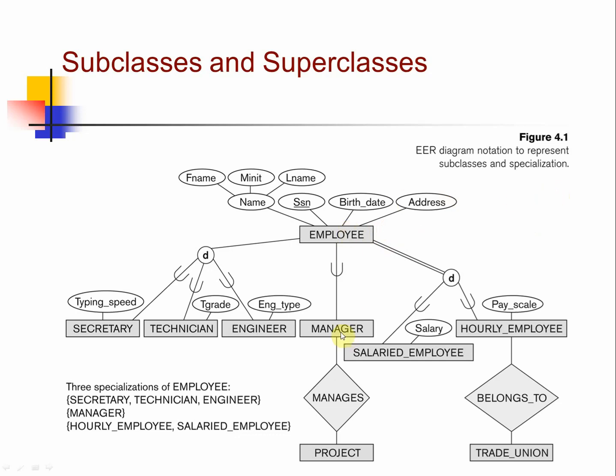If I'm asking you what are the relationships involved in manager, then the imaginary one, the department one, will count because manager will inherit that one, plus the one that comes with the local relationship, which is the manager's project here. So there will be 2 relationships involving manager, assuming that we have one imaginary relationship in this ER diagram.